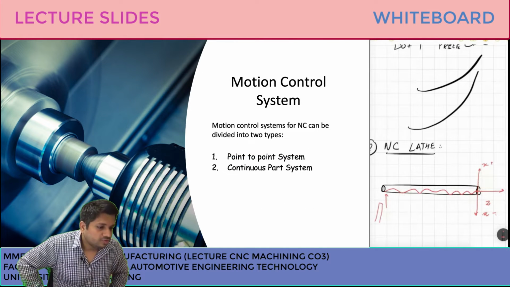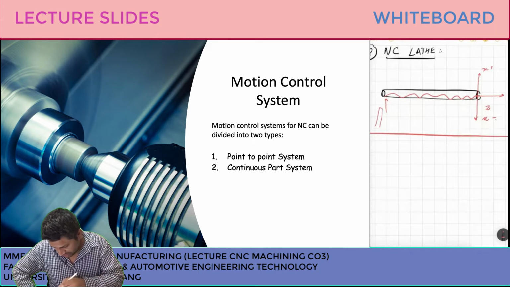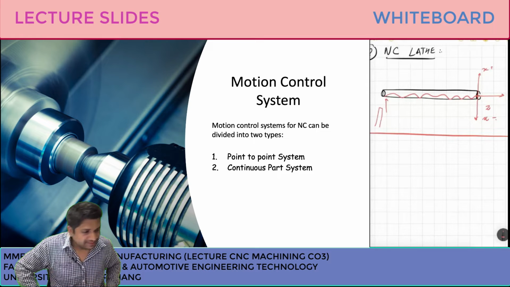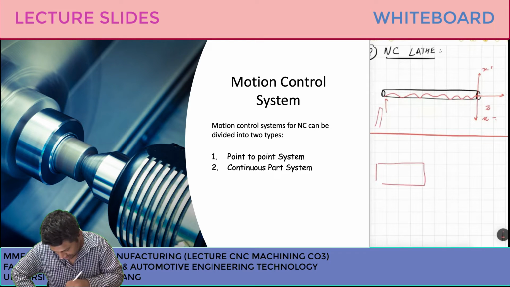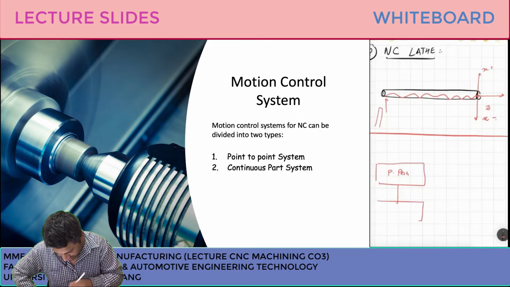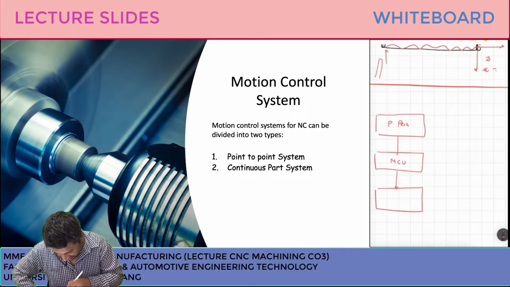Now let's move on to the motion control system. As I said earlier, the first thing is the part program, right? So in a CNC system we have the part program. This part program is fed into the machine control unit, and this is basically given to the machine tool.